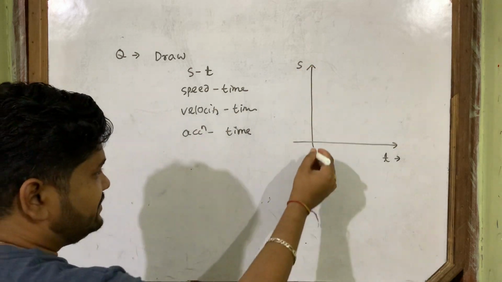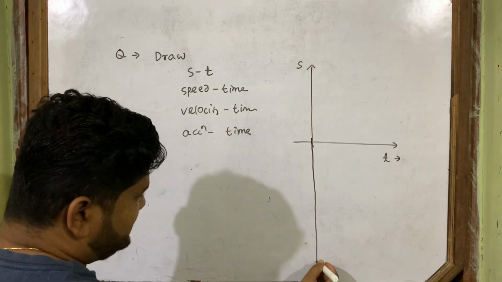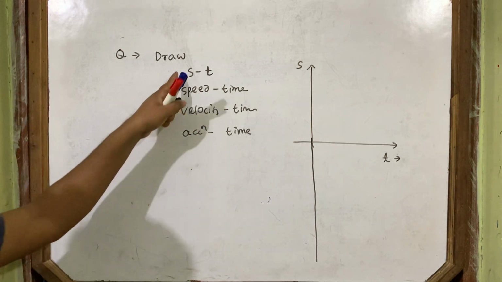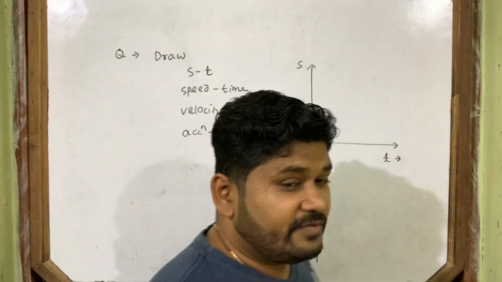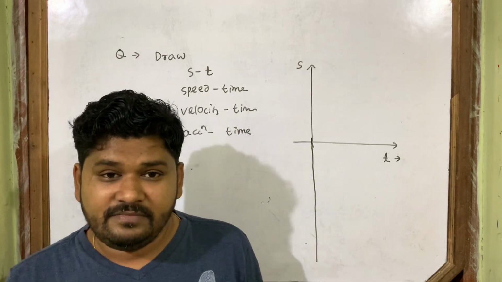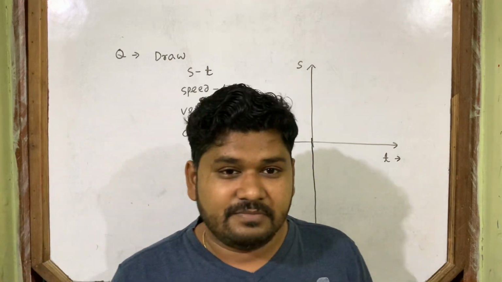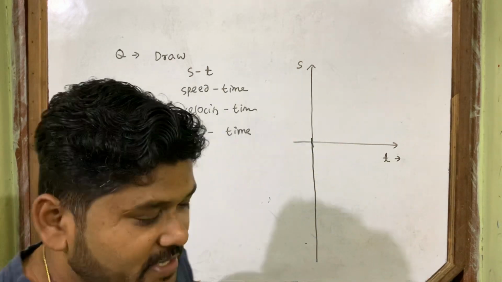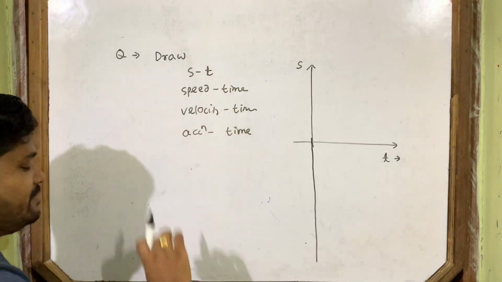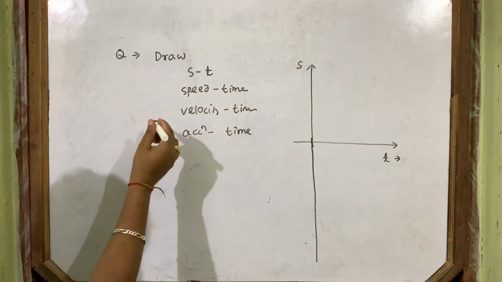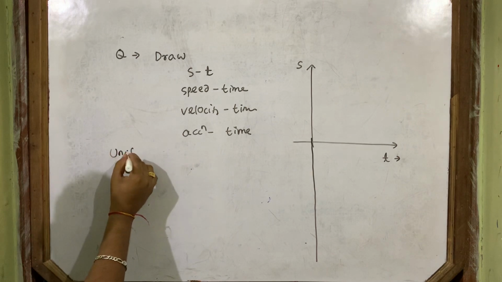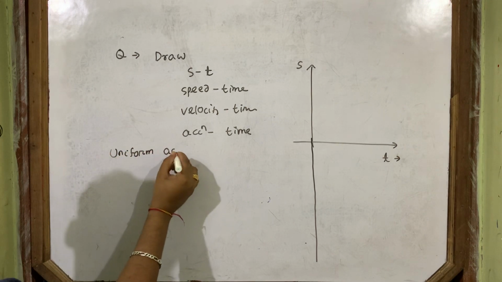What happens? The body falls from a height and comes to the ground level. Which type of motion is it? First see, it is uniform acceleration.